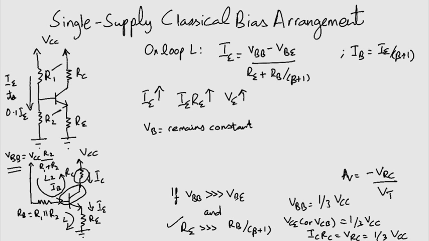Now since VE is increasing, VBE will decrease. Why? Because VE is subtracted from it. Now as we know, decreasing VBE will also decrease IC and by extension IE. And so this is how this biasing arrangement stabilizes your current. RE is said to provide negative feedback.